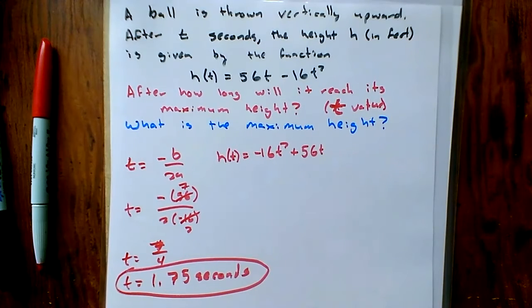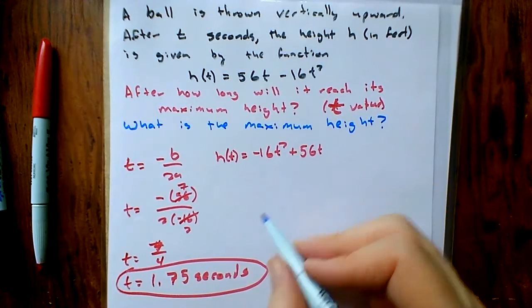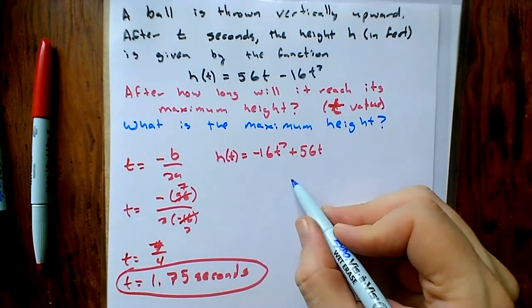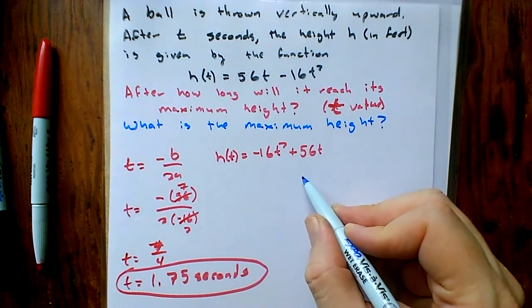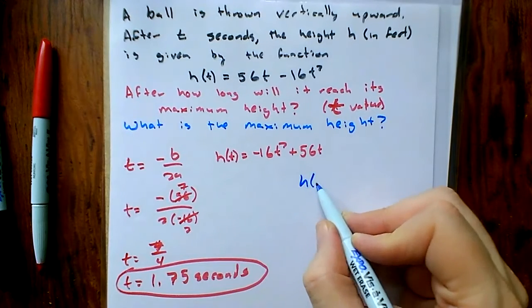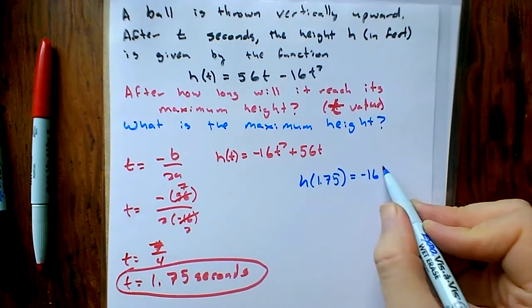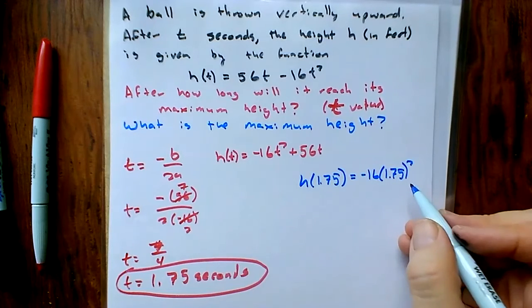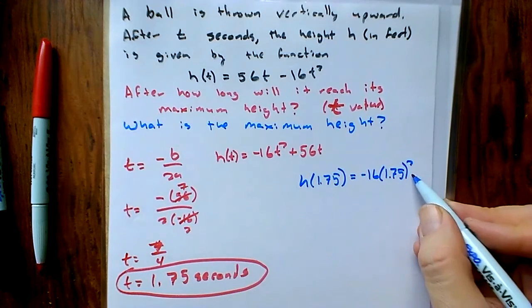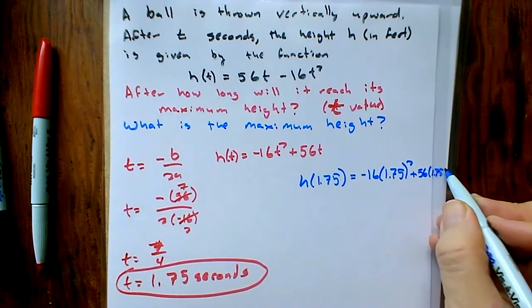If we're asked for what is the maximum height, then I would go ahead and plug this value in. h of 1.75 is equal to negative 16 times 1.75 squared, and then plus 56 times 1.75.